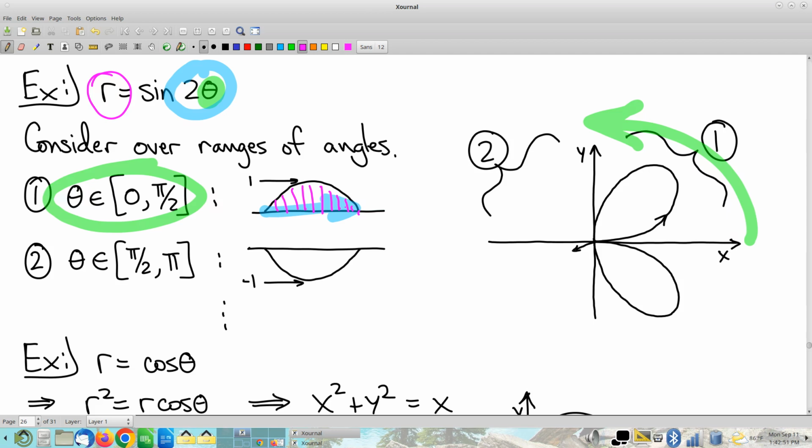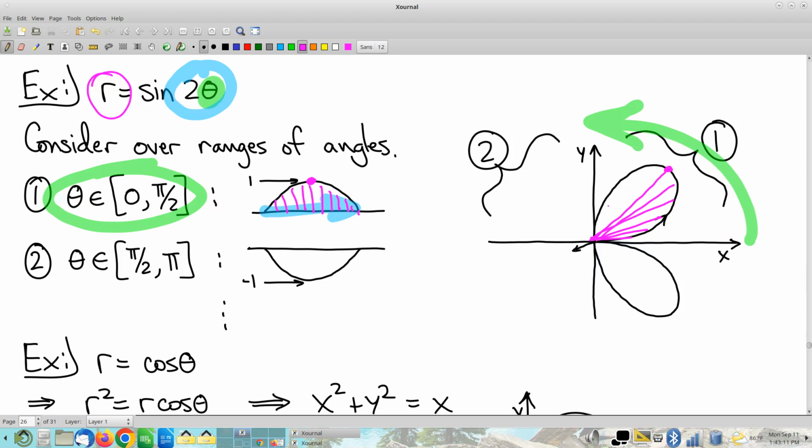So here we go. Starting in the theta equals 0 direction, our distances are small, and then as I turn, these distances get bigger and bigger. Note that they get as high as 1 when I'm halfway there.